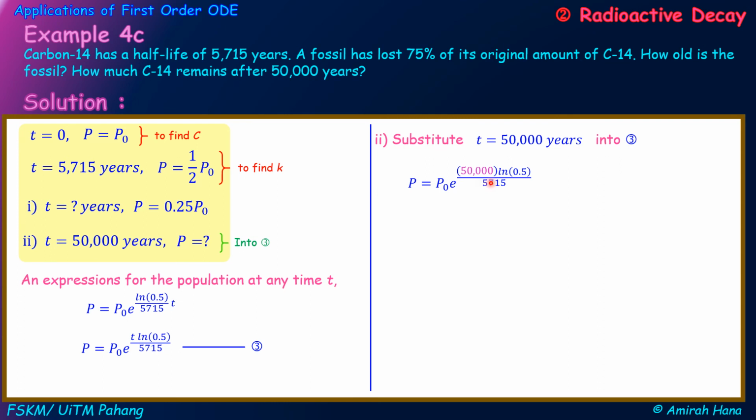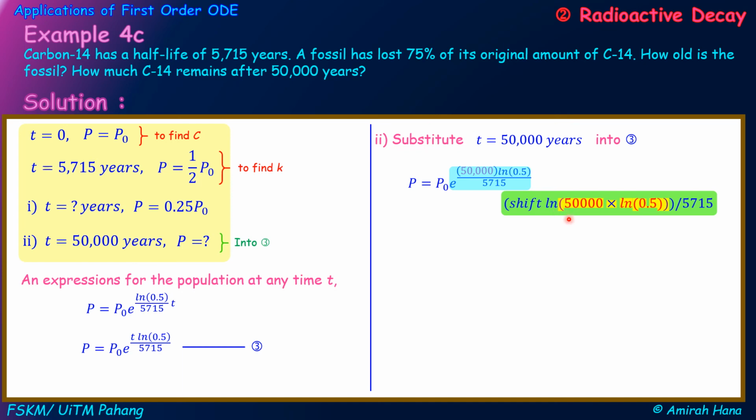50,000. Alright? Then using calculator, e to the power of 50,000 ln 0.5 over 5715, we can use this step. Right? Bracket and then shift ln for e to the power of any value.